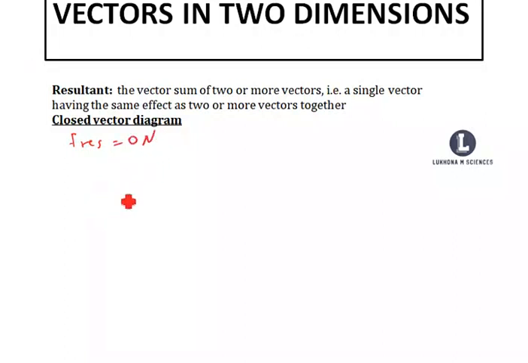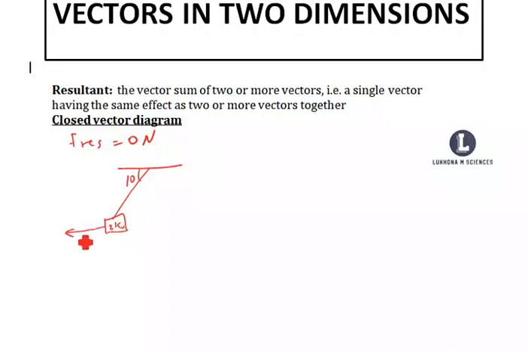An example is when you have something that is hanging. Let's say you have an object here that is pulled in this direction. Let's say this is 2 kg, and here we have an angle, for example 10.